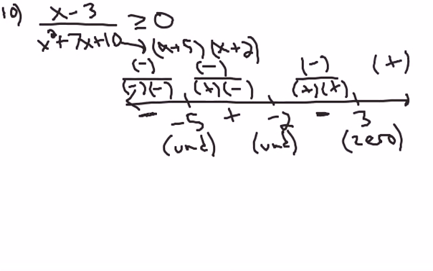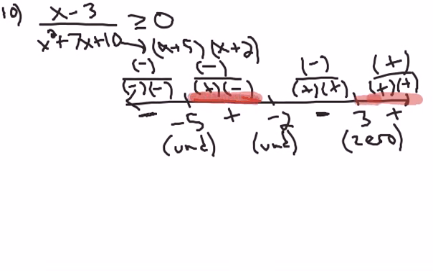And pick something to the right of 3, like 4. 4 minus 3 is positive. 4 plus 5 is positive. 4 plus 2 is positive. So overall, this is positive. And so I'm interested in where it's greater than or equal to 0. So that is here. And let me get my highlighter out instead. So it's here and to the right of 3. And because it's greater than or equal to 0, I'm actually going to include the 3 because that's where it's equal to 0.